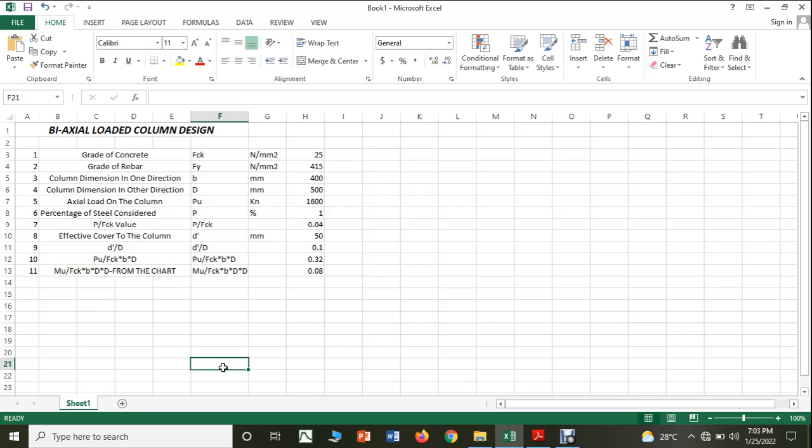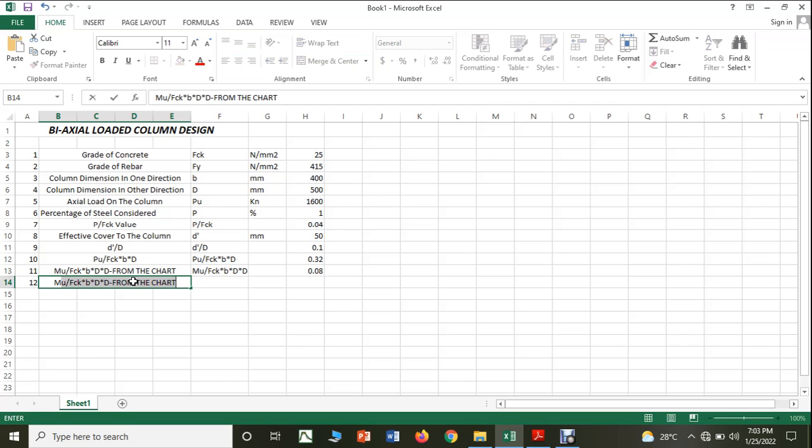So once you get Mu by FCK BD, then you calculate the Mu x1 value, right? So how do you get this Mu x1? Yes, this is Mu x1. What will be the corresponding unit? The corresponding unit will be in kilonewton meter. How do you get this Mu x1?